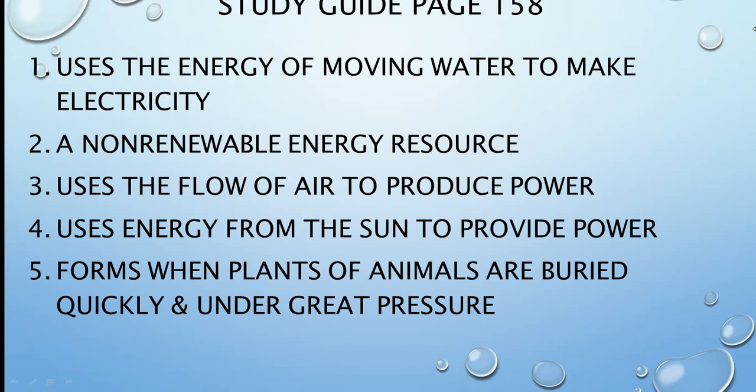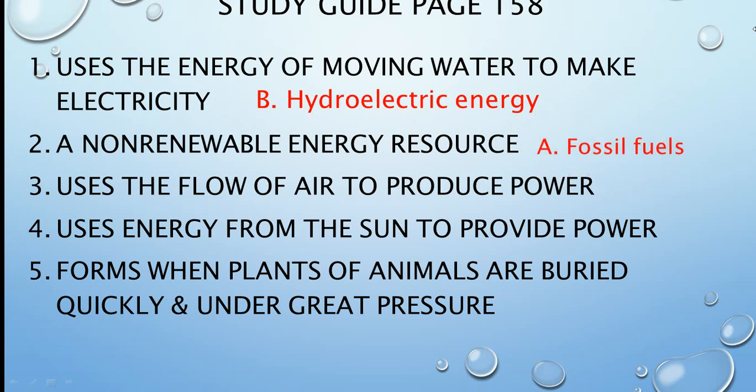All right, on page 158, we have a few things to answer here. Let's see if we can get the answers. Number one, uses the energy of moving water to make electricity. You remember that one? That's called hydroelectric energy, so that's B. A non-renewable energy resource from the chart: we're going to be looking at fossil fuels.